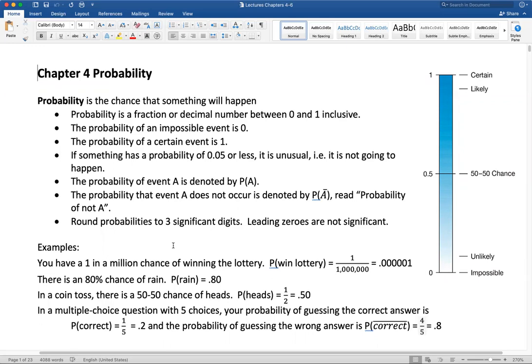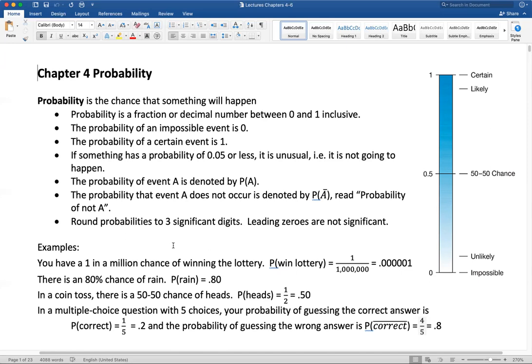The set 2, 4, 6 is called the event. So the probability that we get an even number when you roll a die is going to be 3 over 6, which is a half.